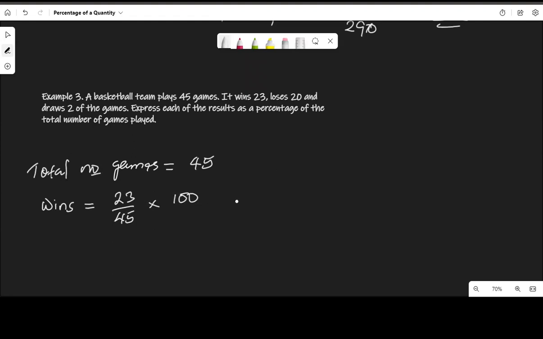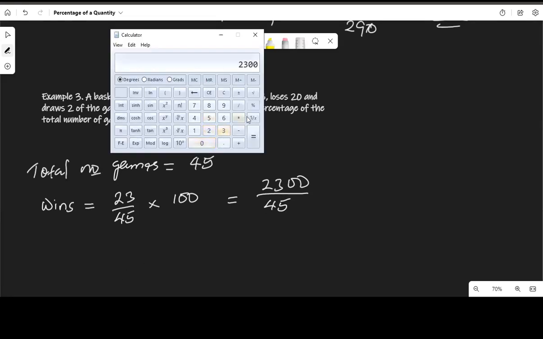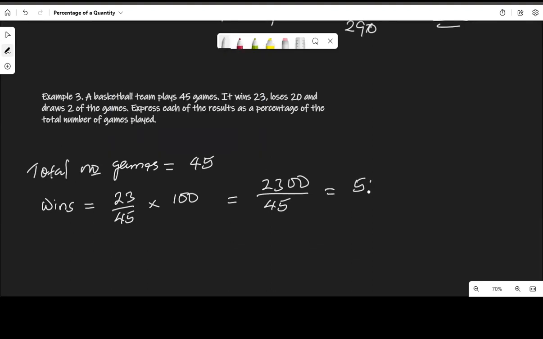That will be multiplied by 100, which is 2300 all over 45. And 2300 divided by 45 is 51.11%. That is for win. Then it loses 20. The loss will be 20 over the total, which is 45.